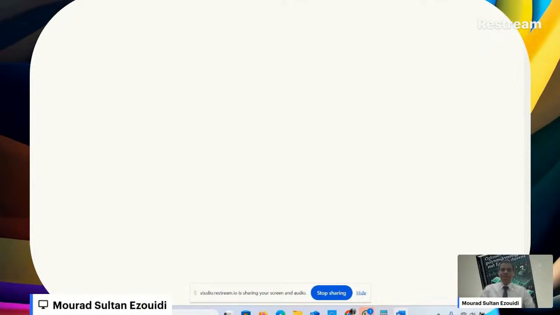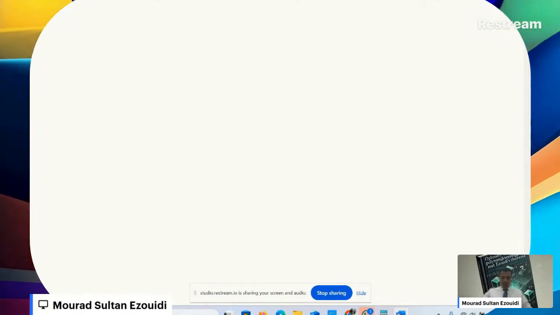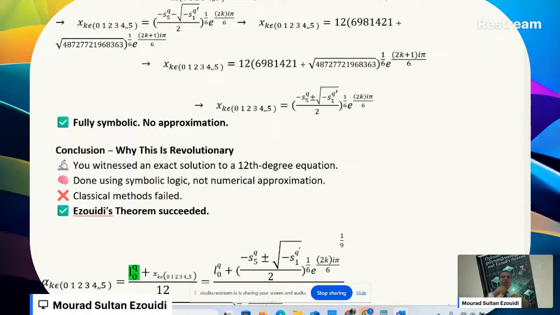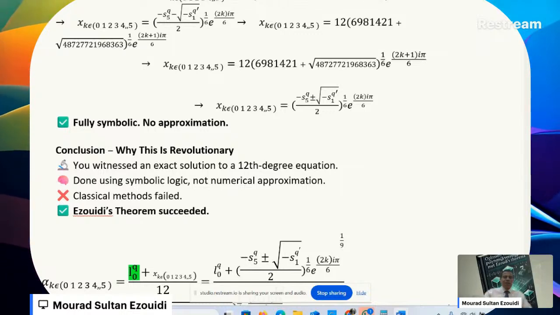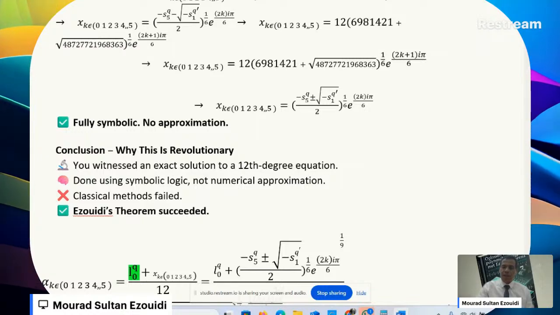So I will come back to my example here. Today we will demonstrate that we have exact proofs, and you will see that these roots are now going to be reachable. Okay, let's go.